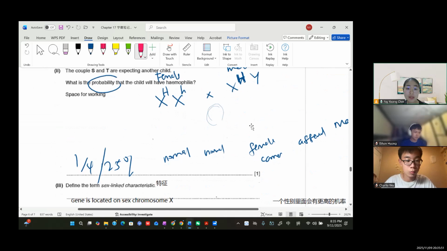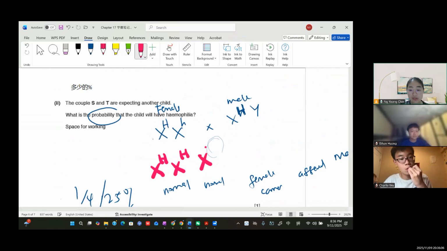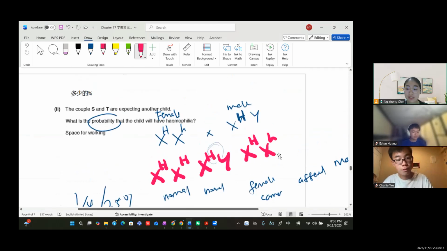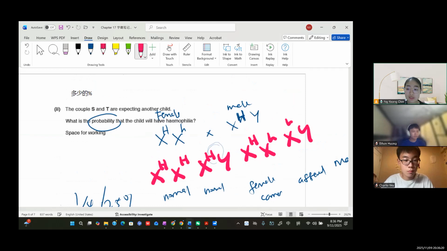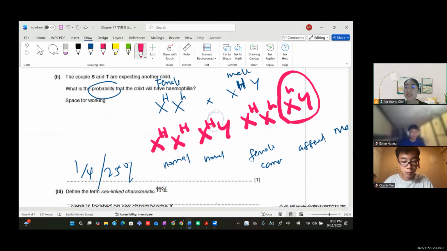At the end, your genotypes are like this: X^H X^H, X^H X^h, X^H Y, and X^h Y. So you have a normal female, a female carrier, a normal male, and the affected male. This male will get that disease.